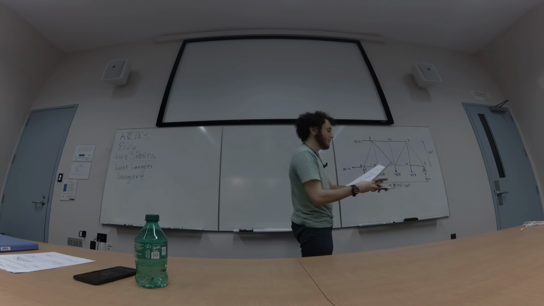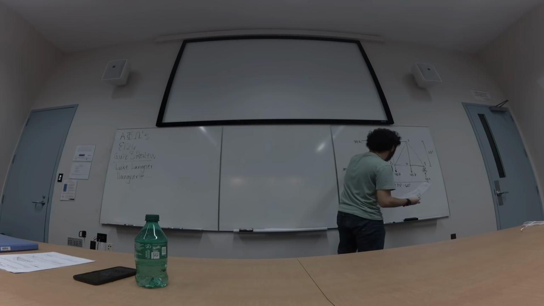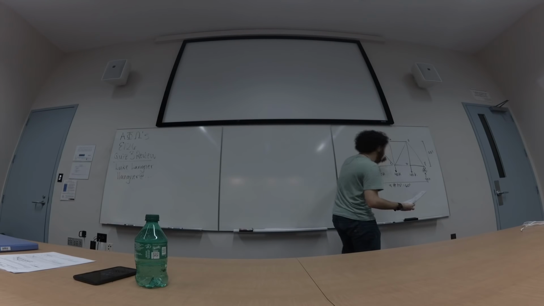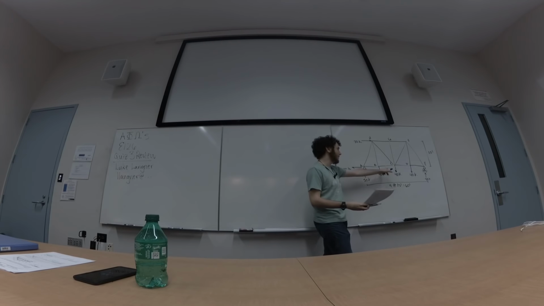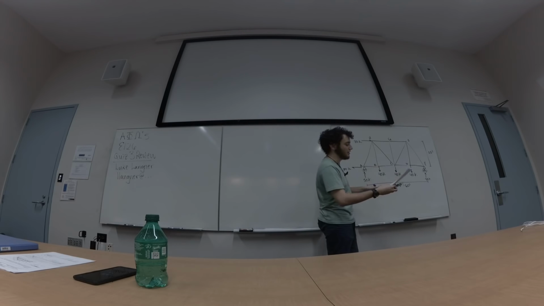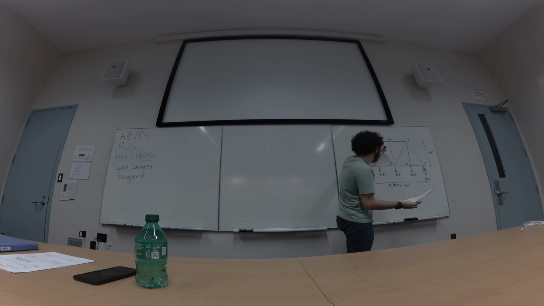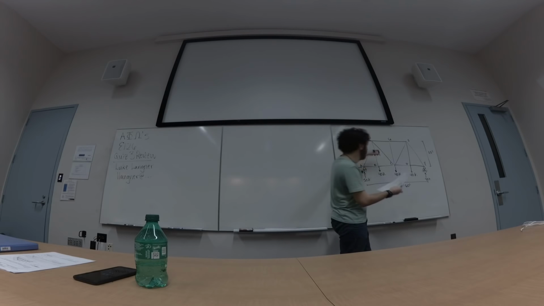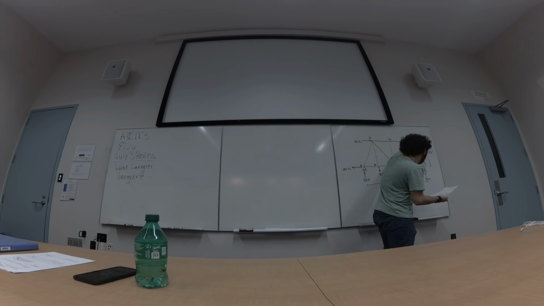It's asking you to find the member forces in members BC. You guys see that? A little line right there? All right, I won't write too much of this. I'll just mark stuff. HC, HB, and FE.